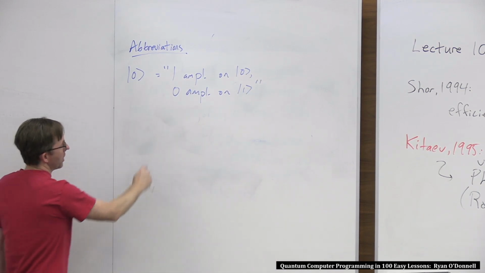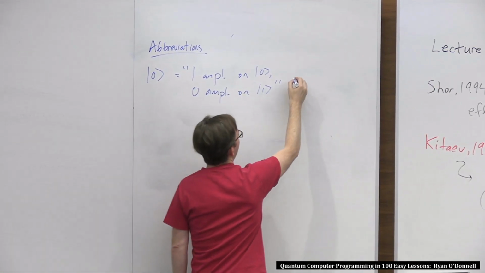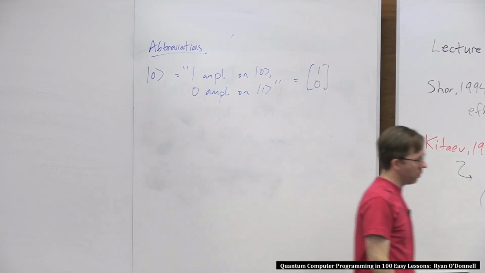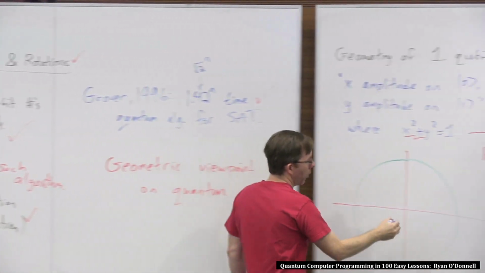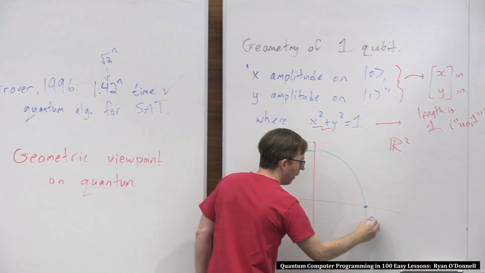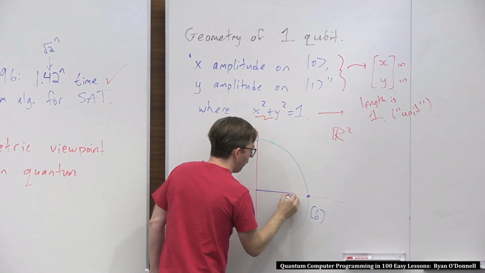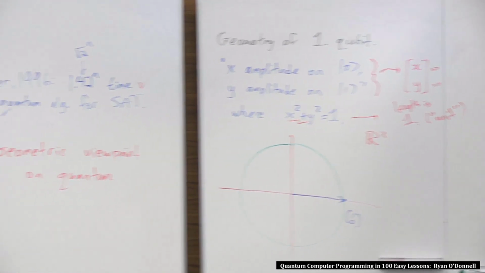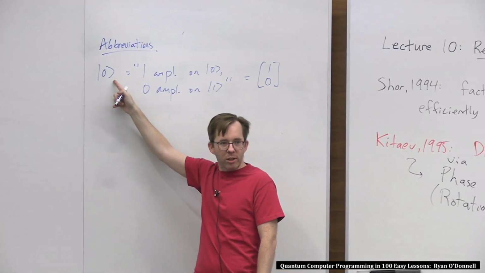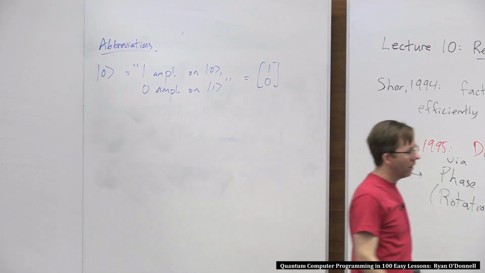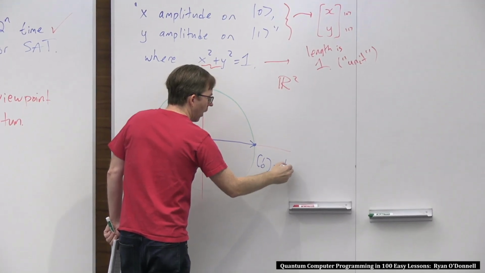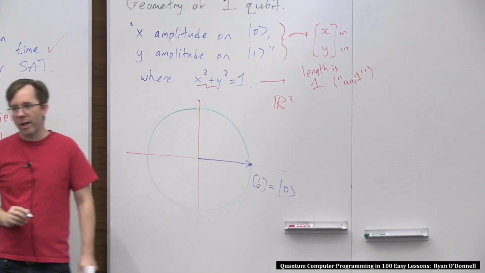But now we decided to write this just as a column vector, 1, 0. Okay, and that's this one right here. This is the point 1, 0, as you know. So this vector is 1, 0. And we got used to just calling it by this symbol. So this vector has a special name, and we call it 0 in these angle brackets.